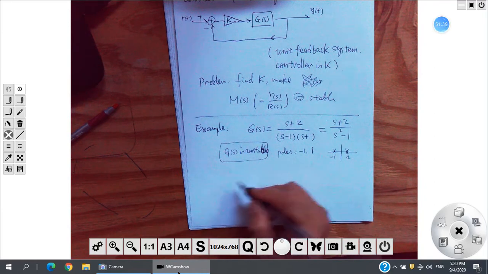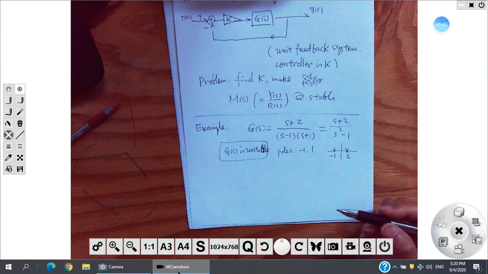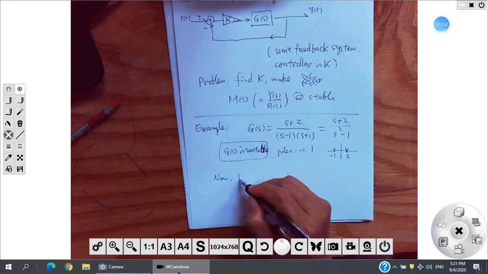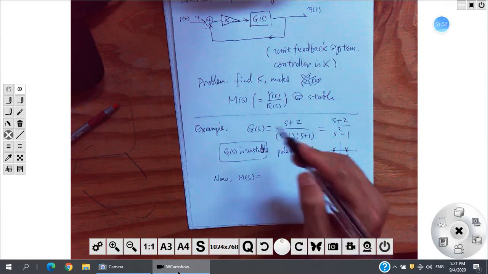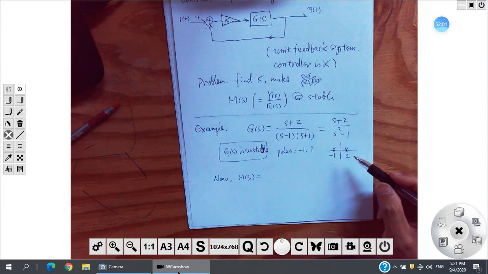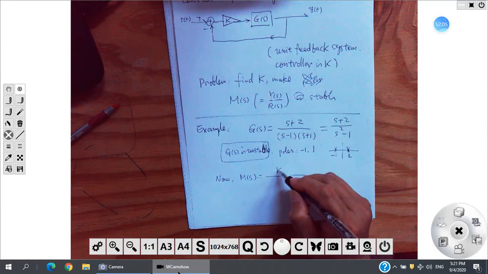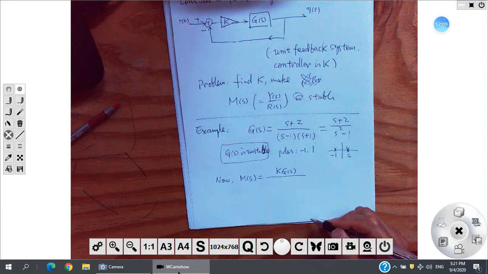Now add a controller like that. Can we find the K to make the whole thing stable? Now what is the transfer function M of S of the whole thing? We just studied this, right? We use the gain formula. In this system, we have a forward path, K times G, and we have one loop.